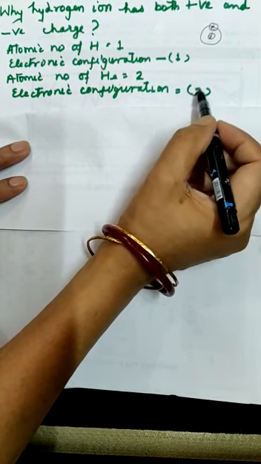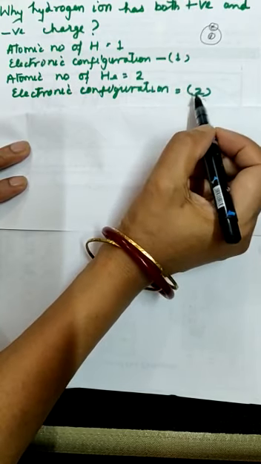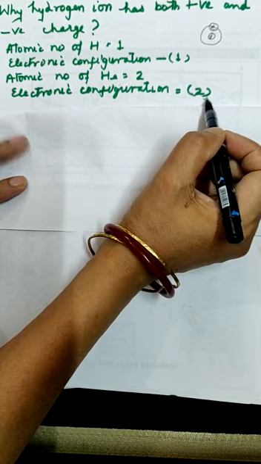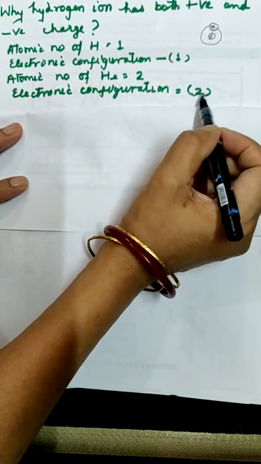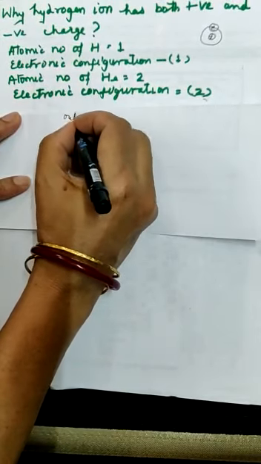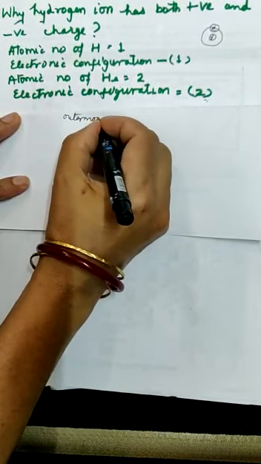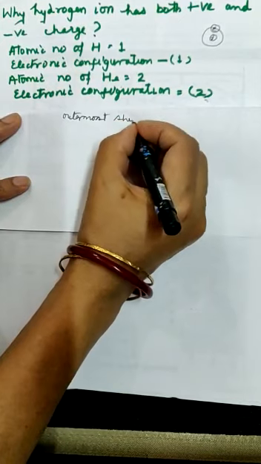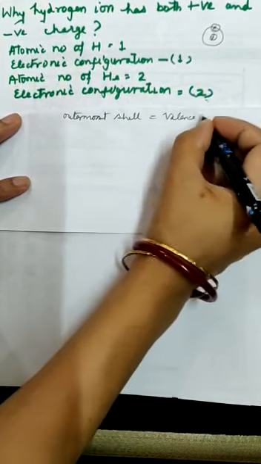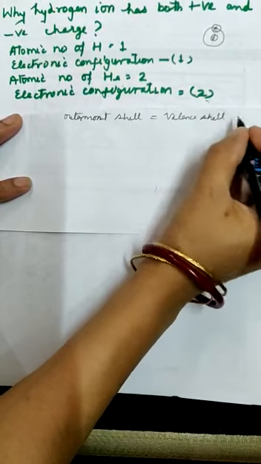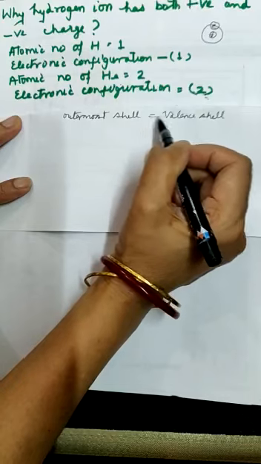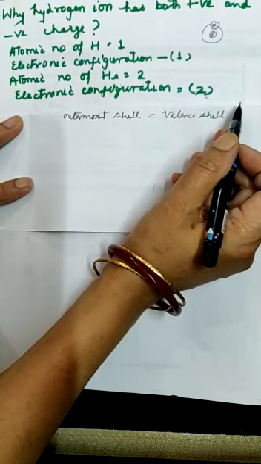Simply, hydrogen wants to have 2 electrons in its valence shell, that is the outermost shell. So the outermost shell is also called the valence shell. The outermost shell or orbit is said to be the valence shell for the reason that the number of electrons in the outermost shell determines the valency of an element.